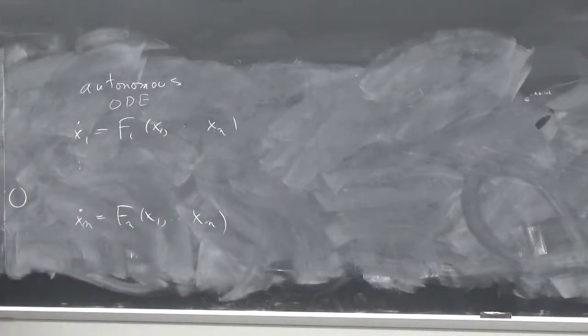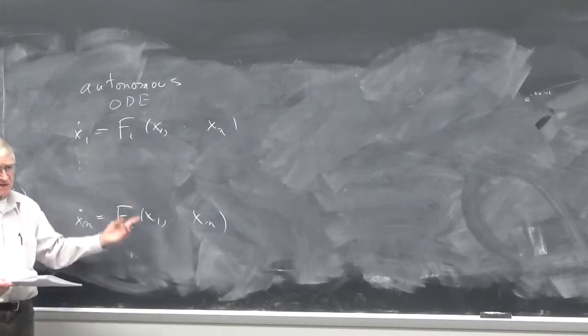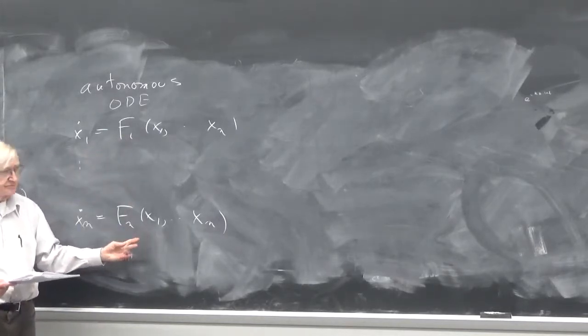So that's an autonomous first order n-dimensional system. It's autonomous because the f's don't depend on time.